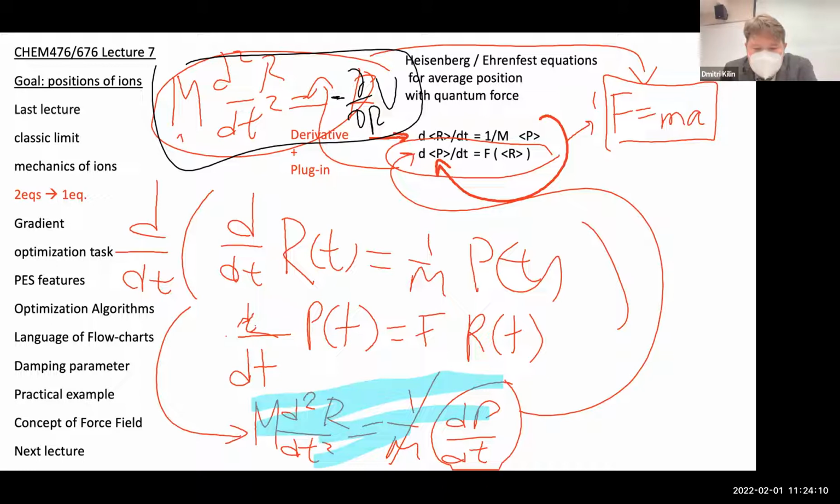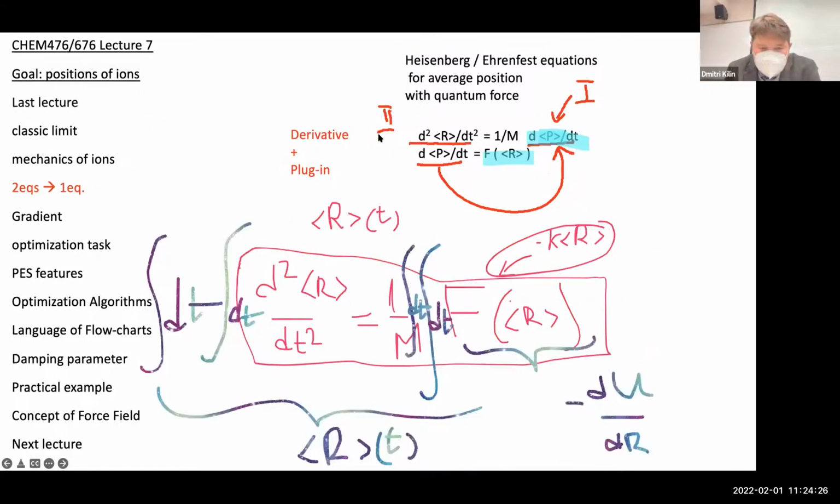The equations that we need to solve include the derivative over time of position and momentum, and the derivative over space of potential energy. So if we need to find a solution of Newton's equation of motion, what do we do?